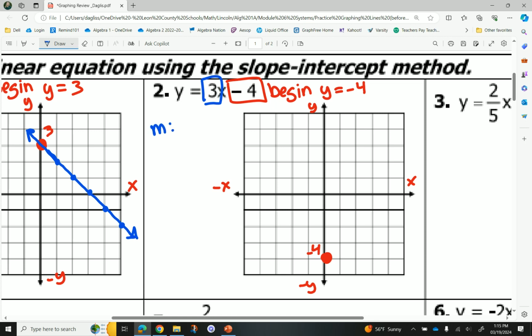Our m is 3, so how am I going to move? Up 3 and right 1. 1, 2, 3 over 1.